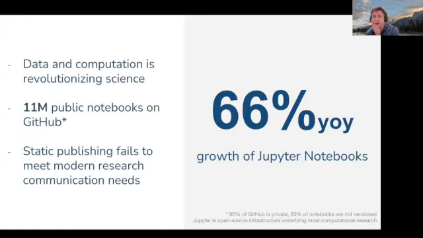And in a lot of the things that I'm thinking about, there's this massive growth of data and computation in science, and the way that we are communicating science is just not keeping up with those changes at all, and there's a massive dissonance there. And really, it's that static publishing medium that everybody is targeting that doesn't meet those modern communication needs.